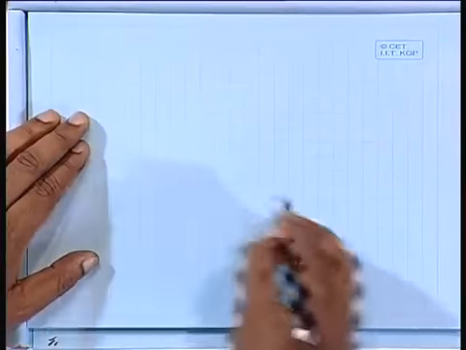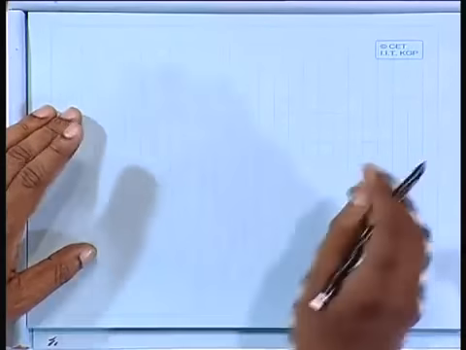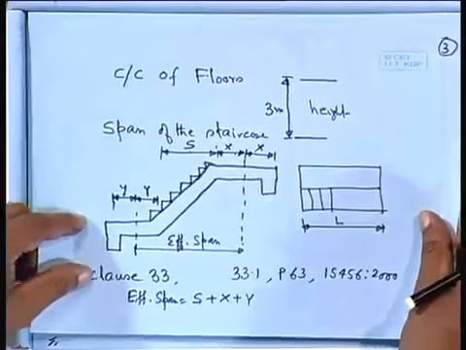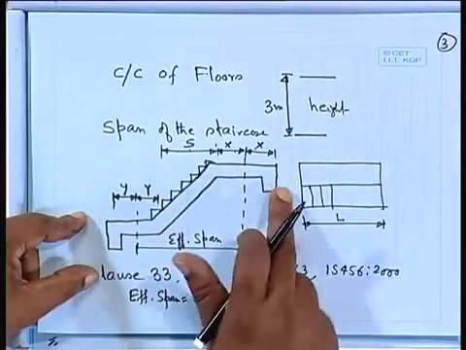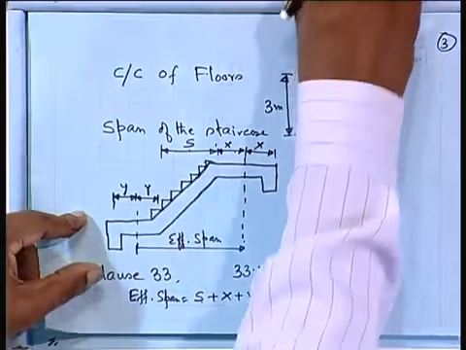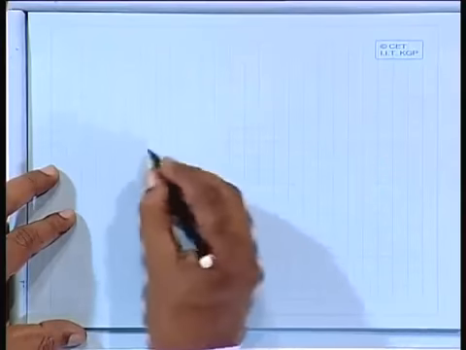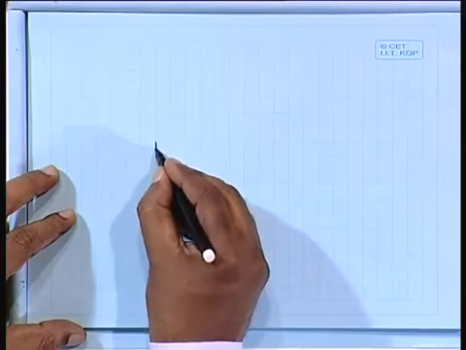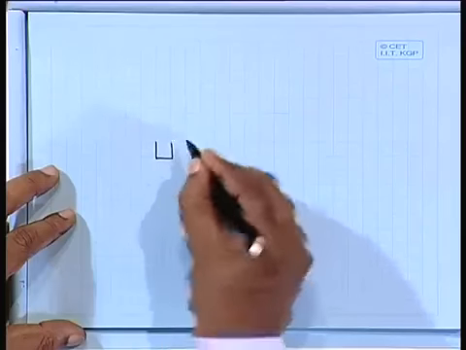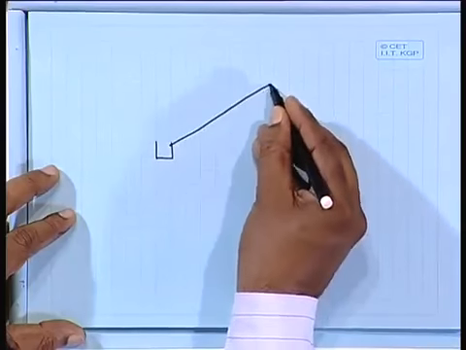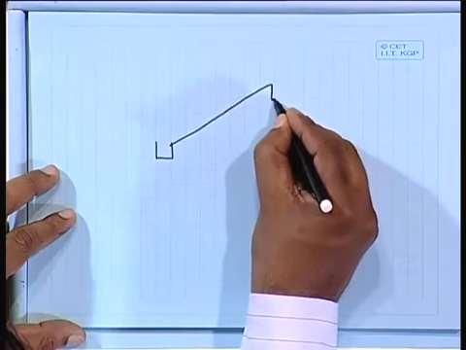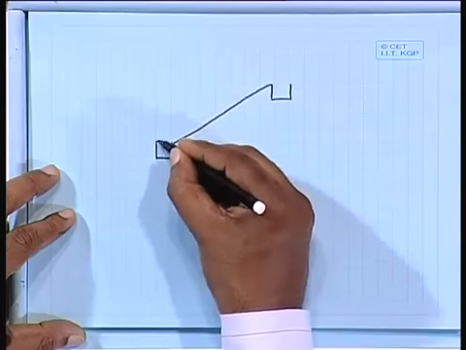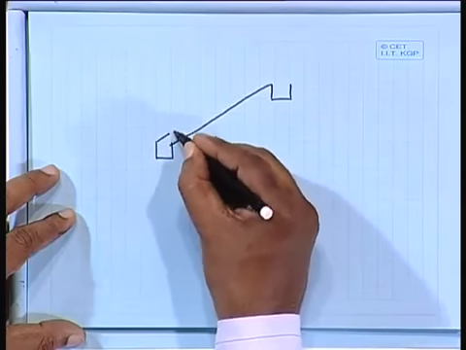So let us come, there is one more case I can say. The first one I have told you, this is one case that I have already told you. It is also possible that the staircase is something like this.